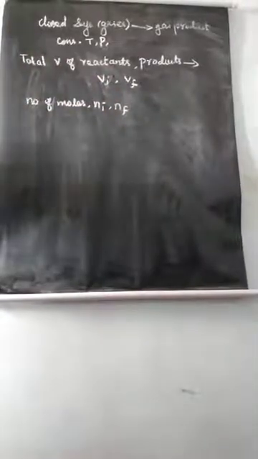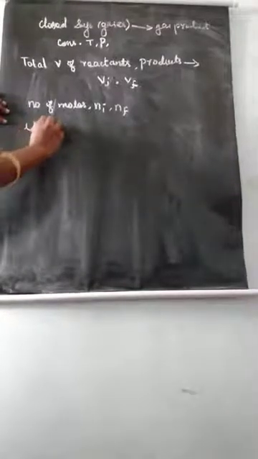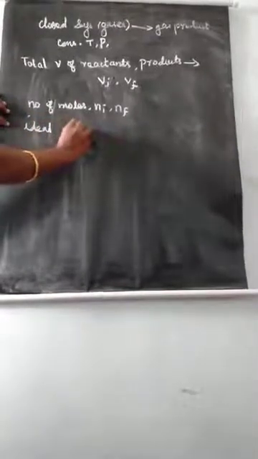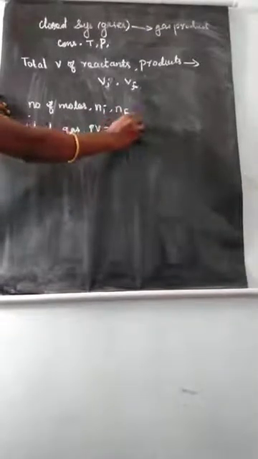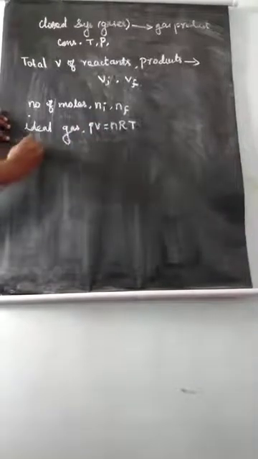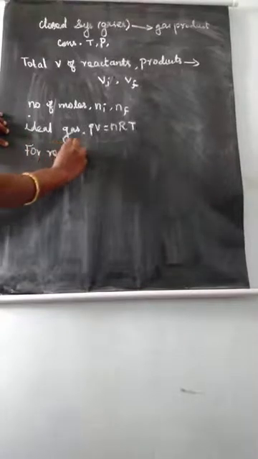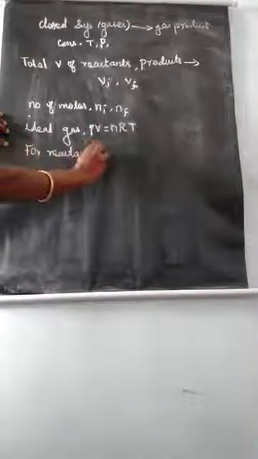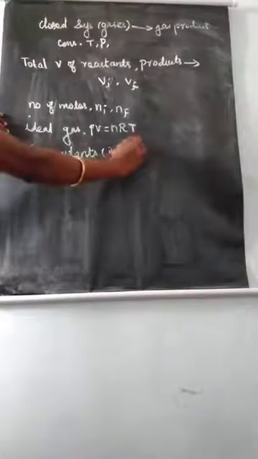Understand? Now consider the ideal gas equation. You know the ideal gas equation: PV = nRT. First, write it for reactants. Reactants means the initial state.